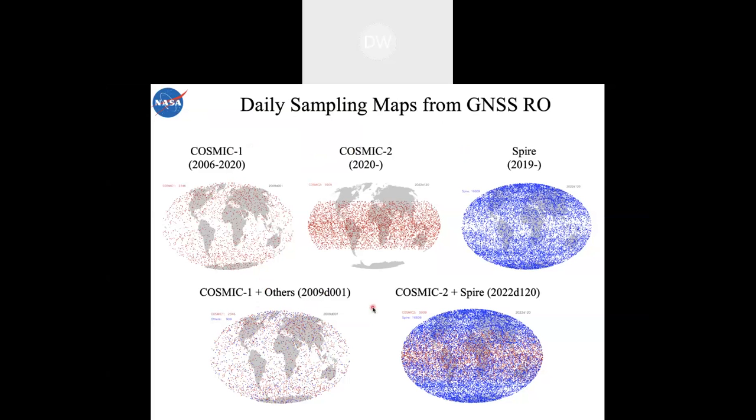Nowadays, Cosmic 2 is equatorial, low latitude, up to plus or minus 44 degrees latitude, while Spire gives you the polar regions, but is a little sparse at the equator. So combining the two gives very nice global coverage. I must say, adding together 17,000 per day plus 6,000, that's 22,000 per day. This is the current two-constellation total.